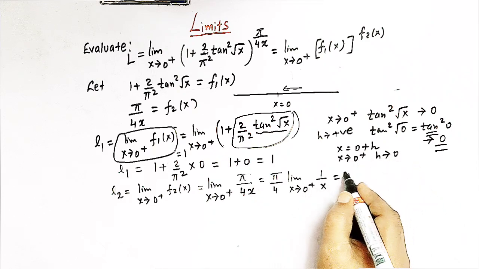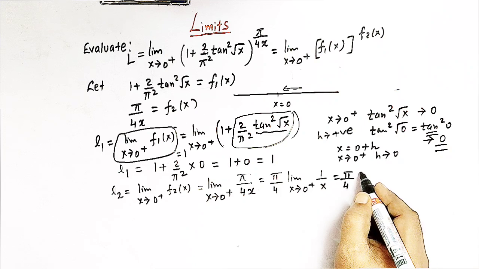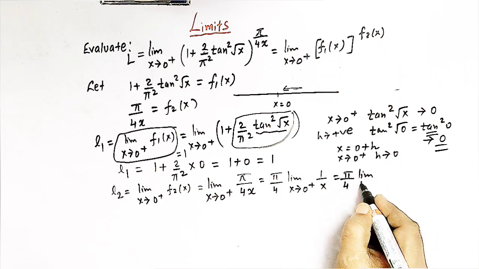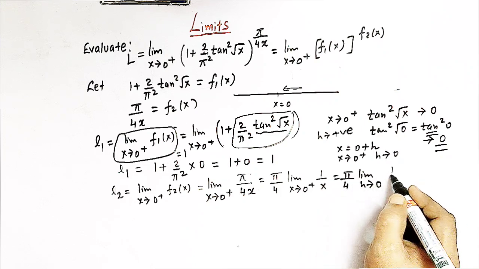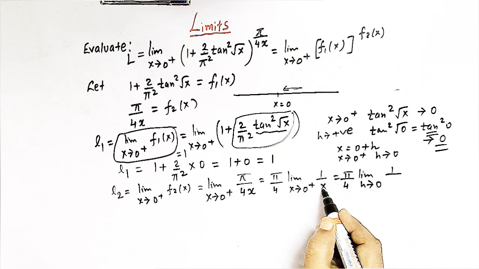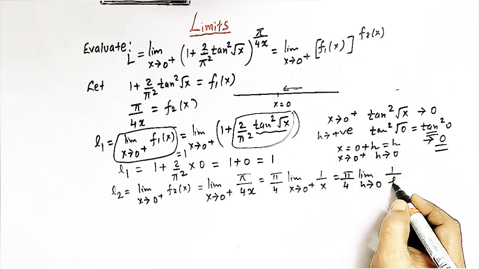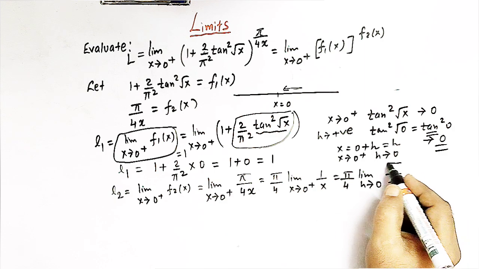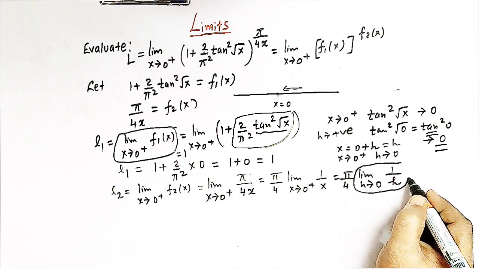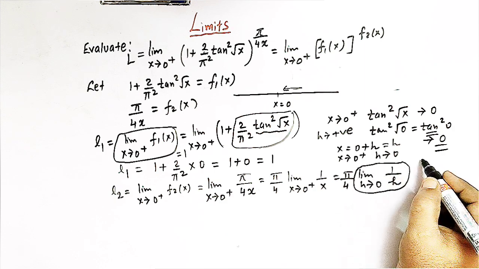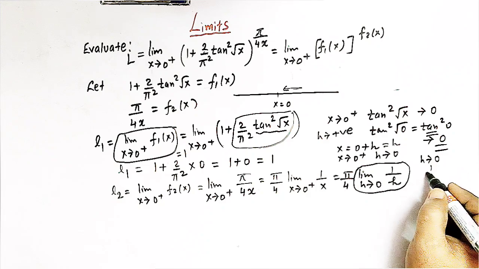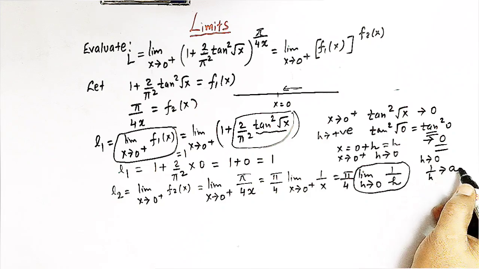So we can also write this limit as limit h tends to 0, where x is equal to 0 plus h, that is simply h. So now this limit tends to infinity, because when h tends to 0, 1/h tends to infinity.